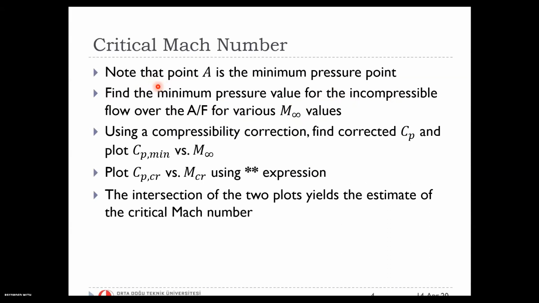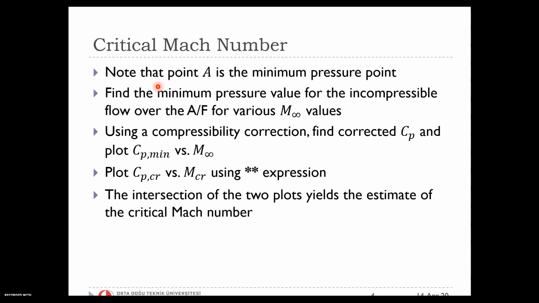The good thing is, in the previous section, we developed the Prandtl-Glauert compressibility correction, but there were also some improved methods of correction. You can use one of them in order to correct the CP values at the minimum pressure location and plot them. So you need to plot the minimum CP value at the minimum pressure location, corrected values, versus Mach infinity values for a given airfoil.